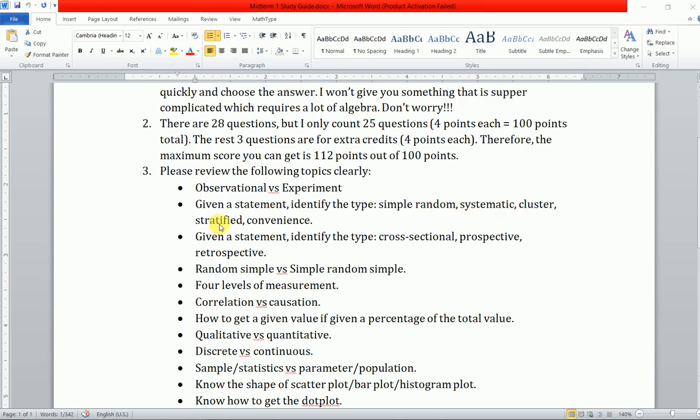Stratify. What is stratify? That means first you subdivide the population into at least 2 different subgroups. Now, inside each of the subgroups, make sure they share the same characteristic. Maybe the gender, the ages, education, something like that.